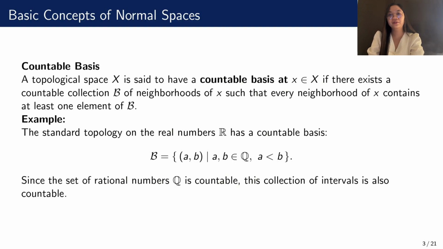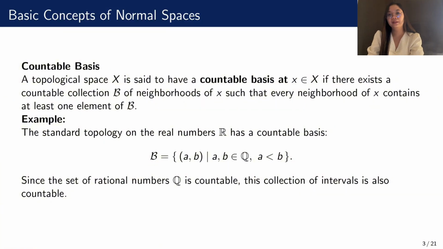Okay, so I have also here an example. It says here that the standard topology on the real numbers has a countable basis. So beta is equal to the open intervals (a, b), such that a and b are elements of the rationals and a is less than b. Since the set of rational numbers is countable, this collection of intervals is also countable.